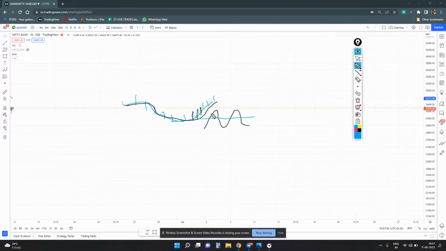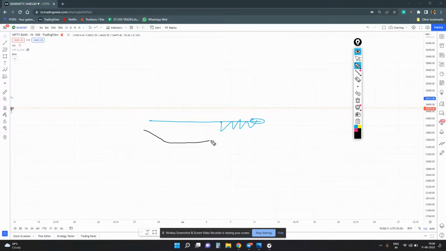So how can you use this? You can use this as a signal whenever you are having a breakout. Suppose the price is somewhere around here and you get a breakout, and the moving average, which I will be using as black, is having support.